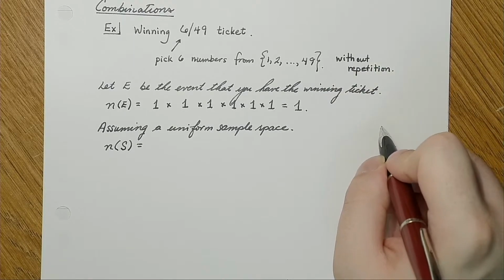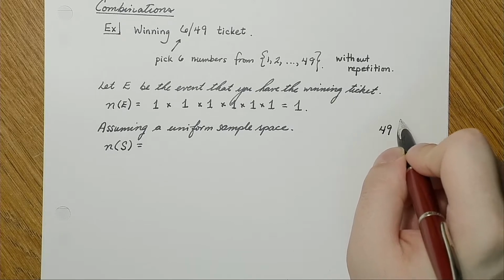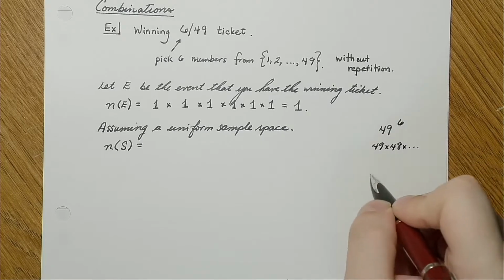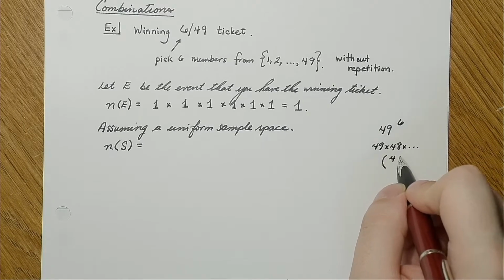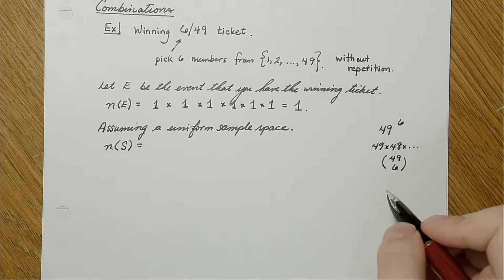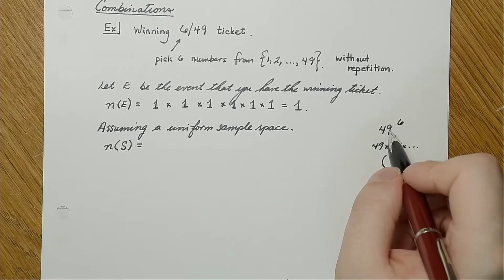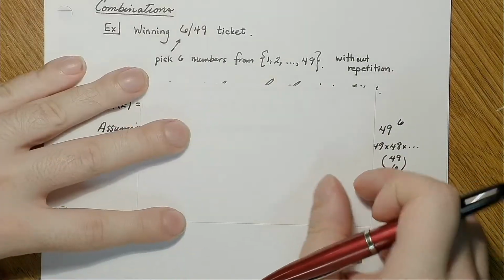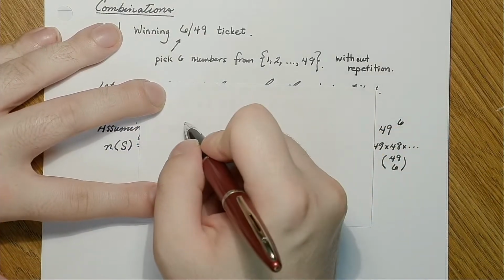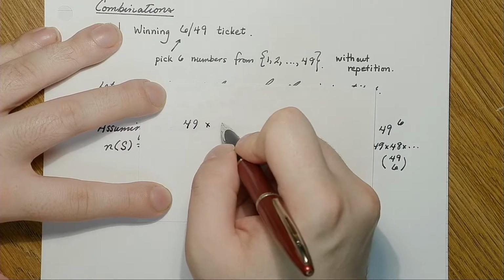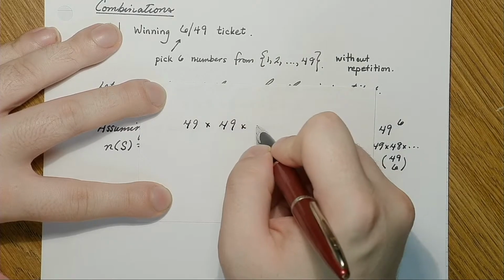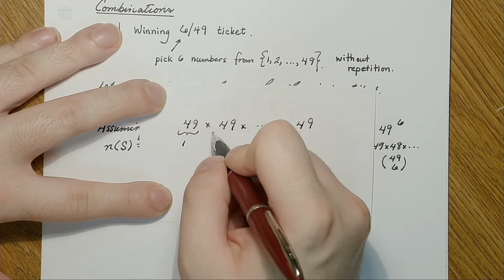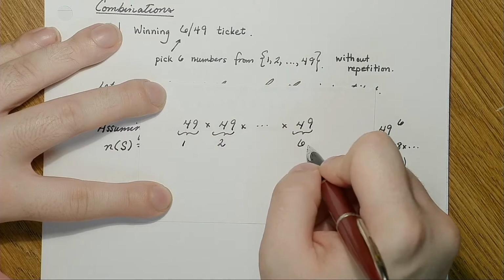Okay, so we got a couple. I'll write down. So we have 49 to the 6th. We had 49 times 48 times ... We had 49 choose 6. So this first one would be assuming that I had 49 choices for the first one, 49 for the second, all the way up to the 6th one.